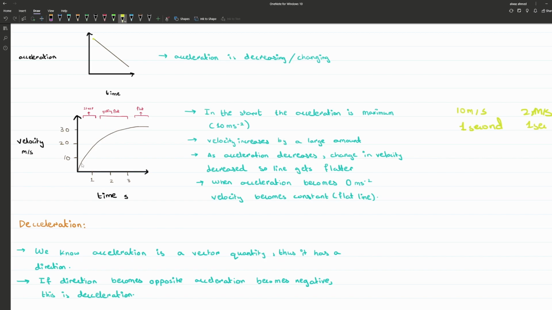That is why the line starts getting flatter around here, because the change in velocity is less. Okay, and when the air resistance is big enough to completely cancel gravity, the acceleration will become 0 meters per second squared, and we'll see that the line representing velocity will just go flat, because as the acceleration is 0, the velocity is not changing at all. So the velocity is going to constantly stay at, in this case, 30 meters per second.